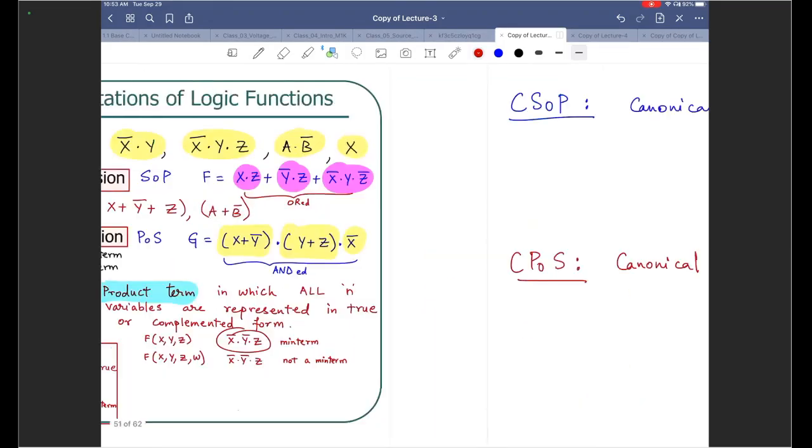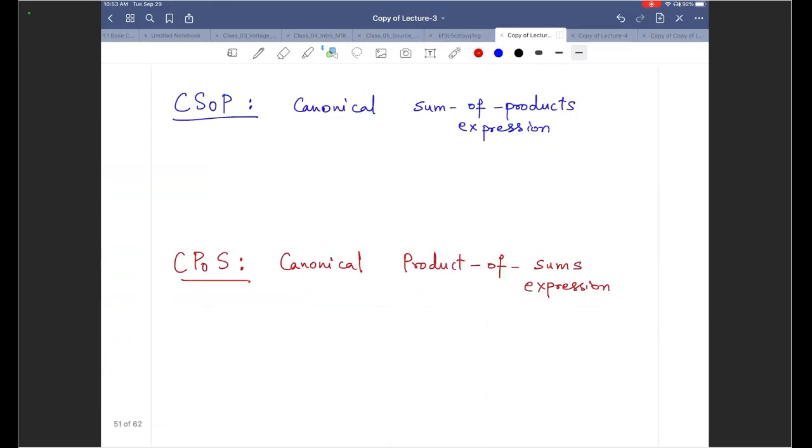So let's go here and define canonical sum of products. And like Andre already mentioned, it is defined as a sum of minterms. As simple as that. And canonical product of sums is a product of maxterms.